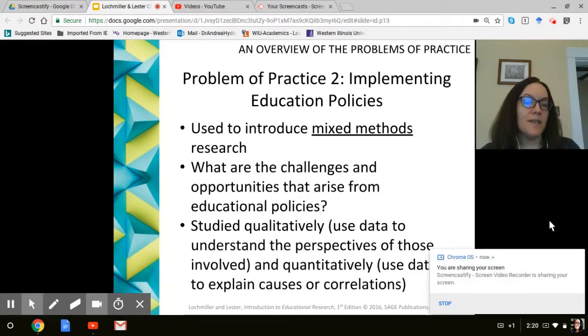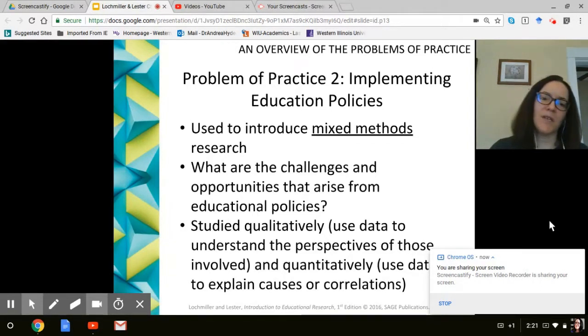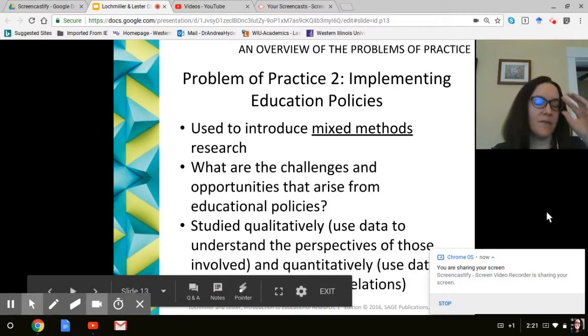So studied qualitatively to use the data to understand the perspectives of those involved, and quantitatively to use data to explain the causes or correlations between one variable and another, let's say, the socioeconomic status of your parents and your likelihood of getting into college. Even more closely, your likelihood of scoring highly on the SAT.